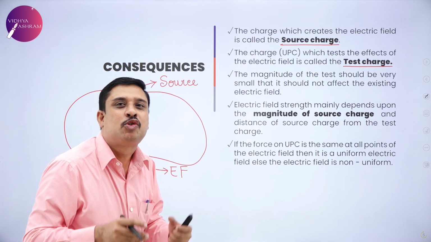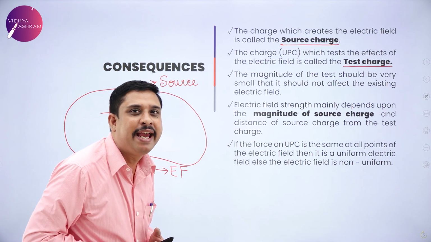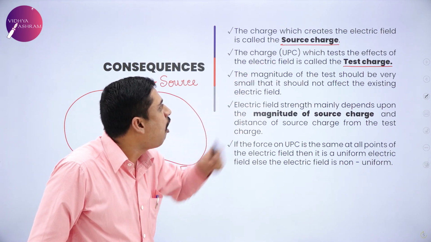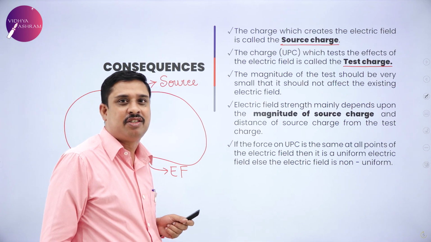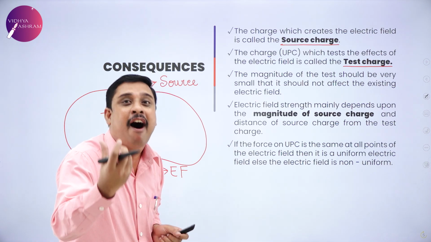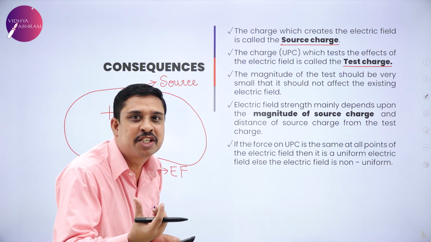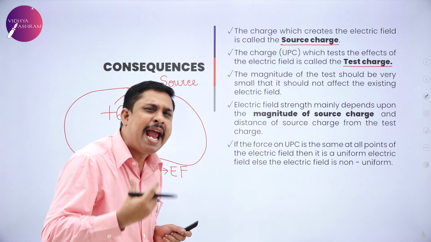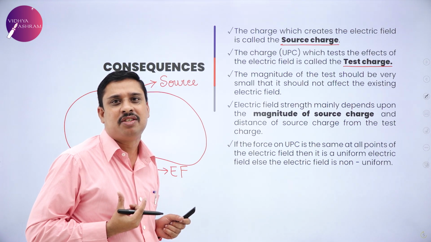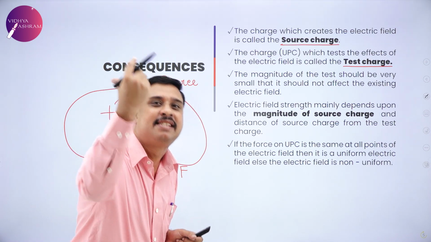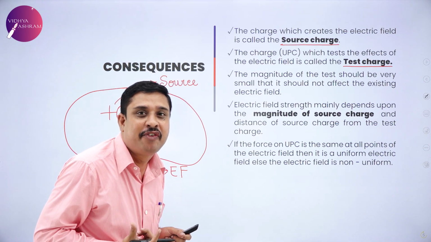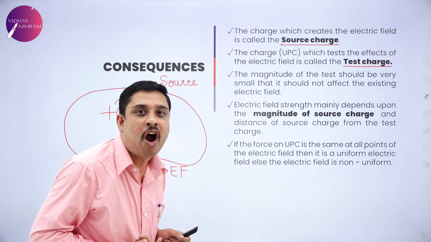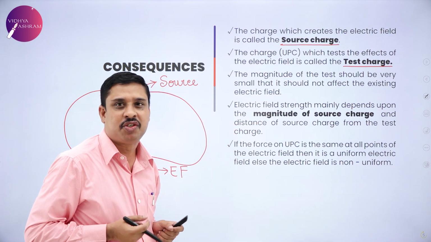It is the source of the electric field, and therefore we call it source charge. It is a charge which is creating the electric field. Therefore, any point charge which creates the field, electric field, is what is called source charge.